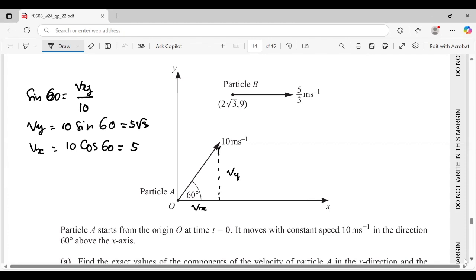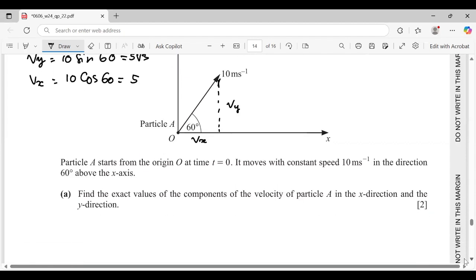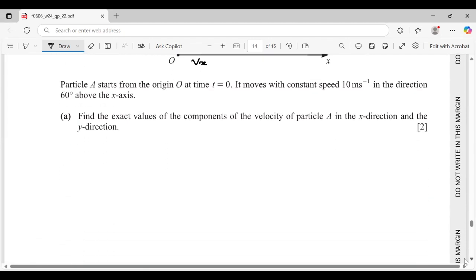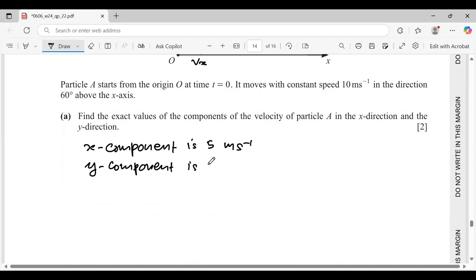So the x component is 5 meters per second, and the y component is 5 square root 3 meters per second.